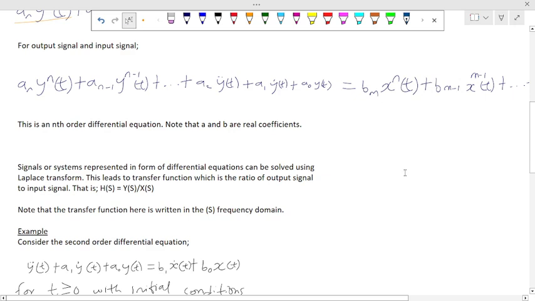Okay, so when we talk about transfer function, it's just output over input. So that we'll also talk about in another video, but this video will just see how we represent the differential form, or how a differential equation looks like when we're talking about input and output signal.